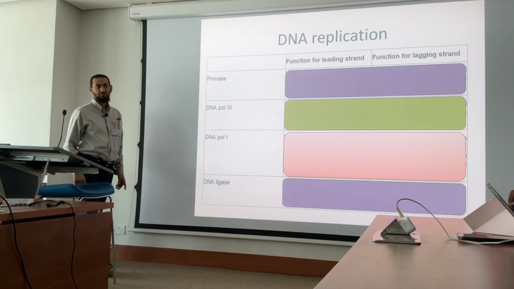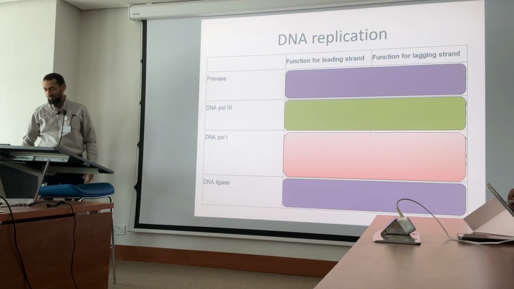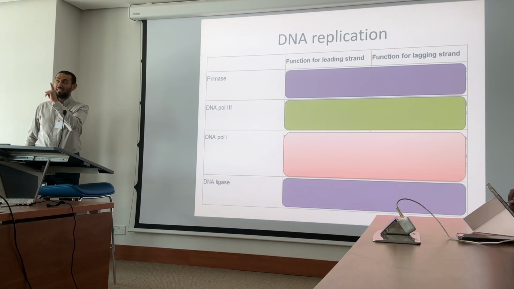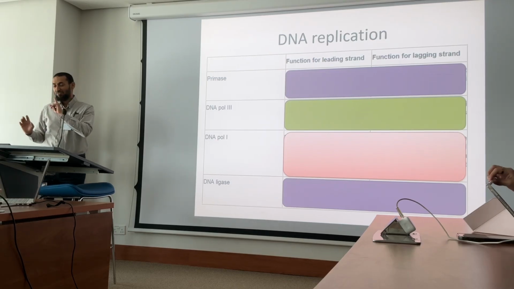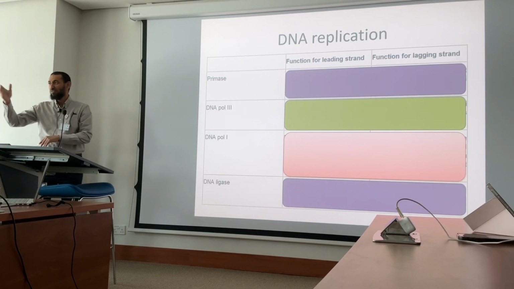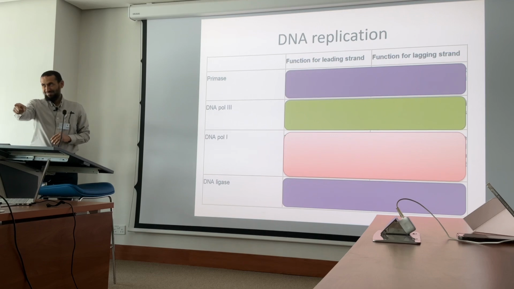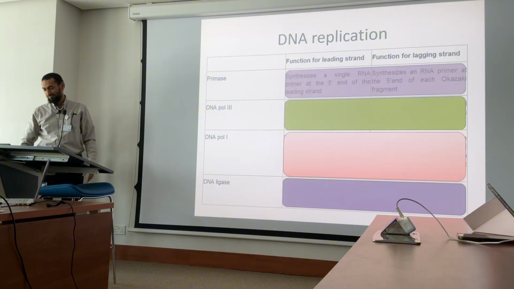Primase: synthesizing RNA primers. But here, there is a difference between the function in the leading strand or lagging strand. What's the difference for the RNA primase? Excellent. Only one in the leading, and it is multiple in the lagging.